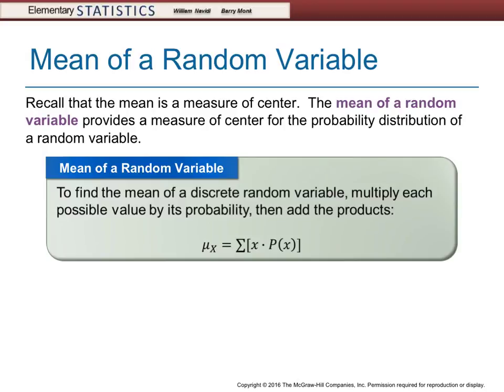It is each value of x times its probability, and we sum it over the entire probability distribution, and we get the mean value. In the past, we took the frequency information divided by the total frequency. And in a sense, it's similar to the probability distribution.